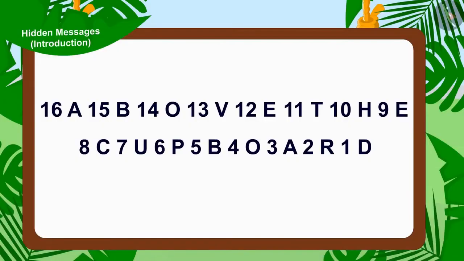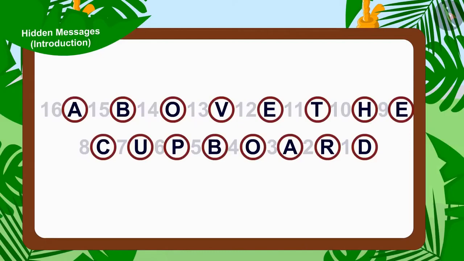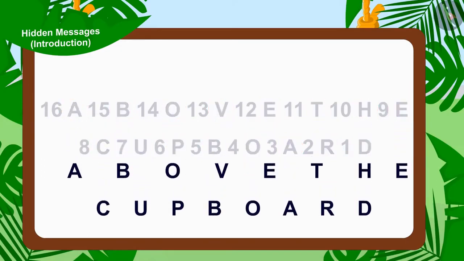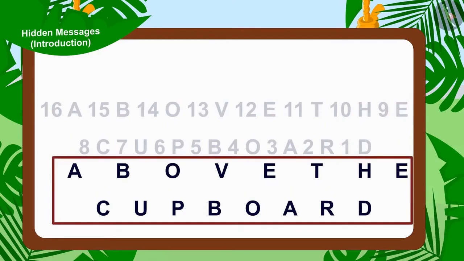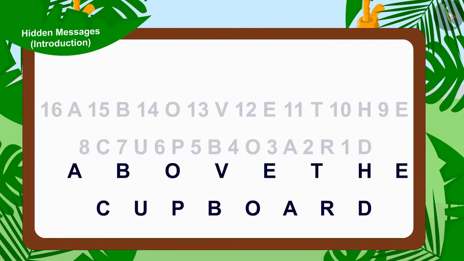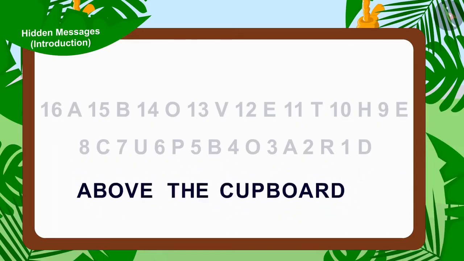Now, let us take a look at the alphabets. If we write the alphabets separately, we will find this written. Now, were you able to find the second hidden message through these alphabets? Yes! The hidden message here is about the cupboard.